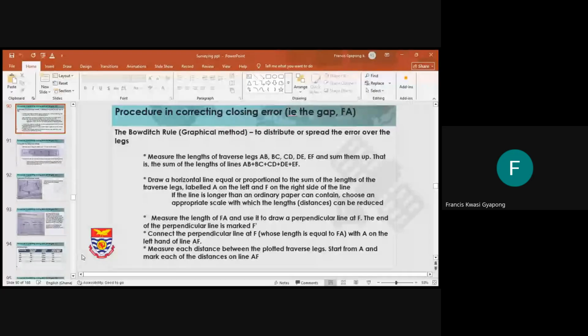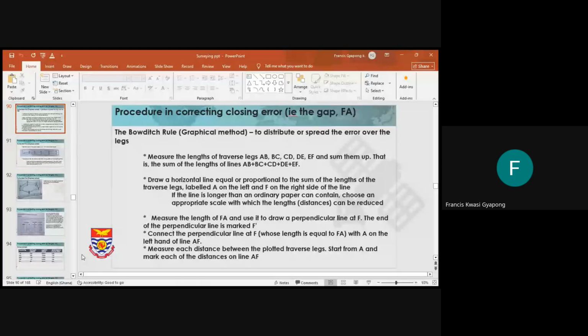Measure yours and tell me what you got. 3.2. You also got 3.2. So record it. Just write AB equal to 3.2. If yours is more than 3.2, write it. Because it was 3.28, so it was almost 3.3. So write it.